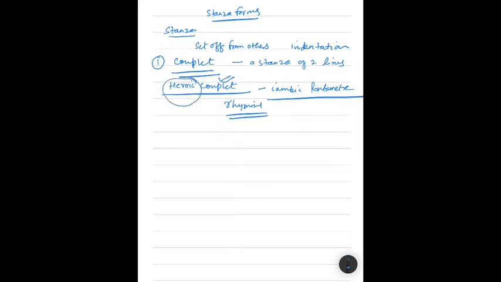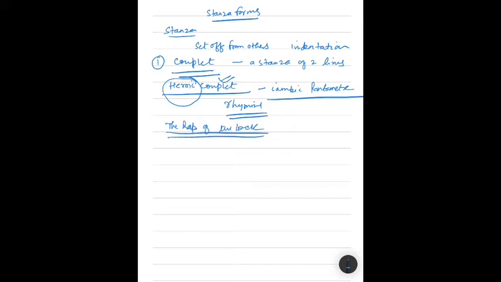The word heroic is very significant here. It is called heroic because it was used extensively in heroic literature. We have an example of heroic couplet found in The Rape of the Lock. The Rape of the Lock is written in heroic couplet.